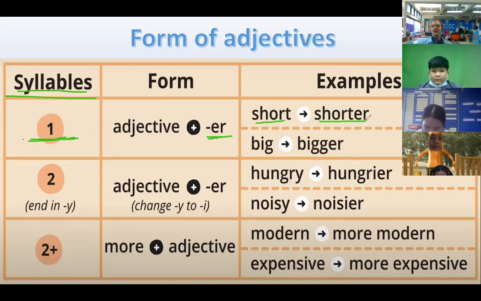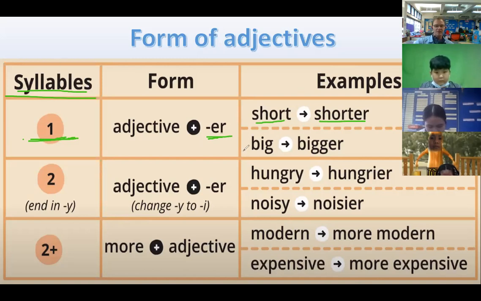Remember, we are comparing two things. If we are comparing the height of these two boxes, you can see the black box is shorter than the white box. Or we can say the white box is taller than the black box. That's what we mean when we talk about comparative adjectives.